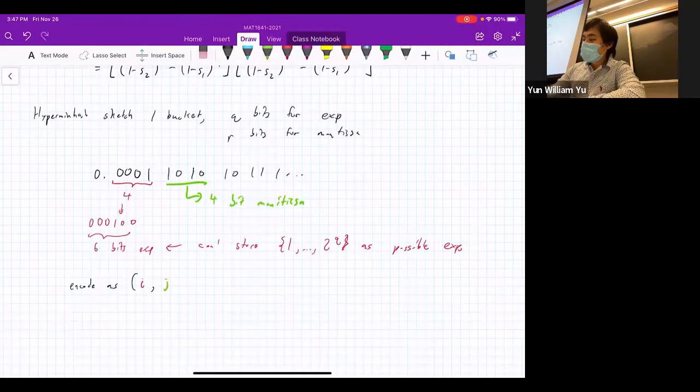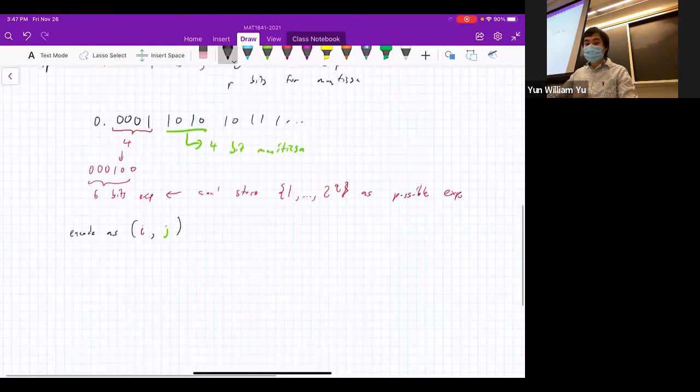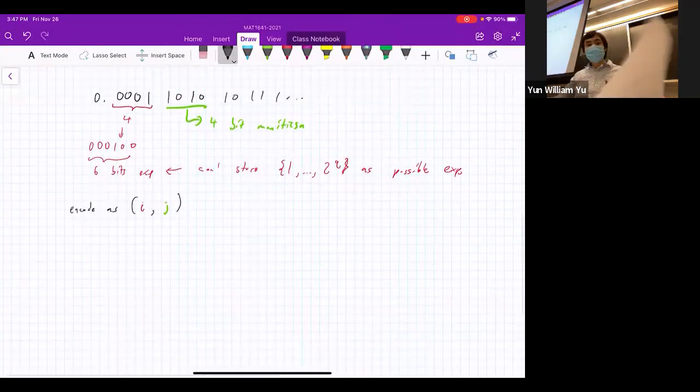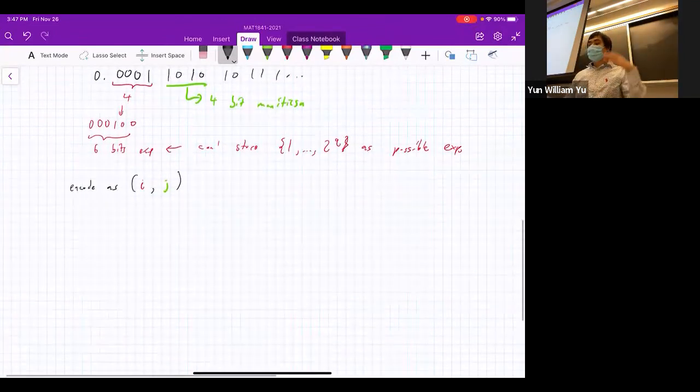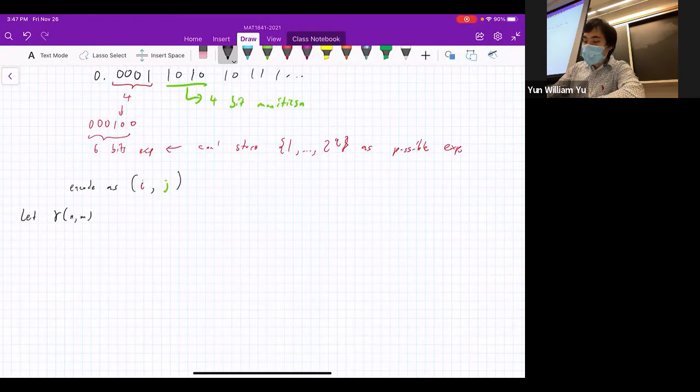And basically what we're saying is that an accidental collision is when both of these values match, right? So that's exactly when you get an accidental collision. And so then all you have to do is measure when a particular set has these values. And so if we let gamma of n, m be the expected number of collisions, this is also just the probability of collisions because, of course, you only have one bucket.